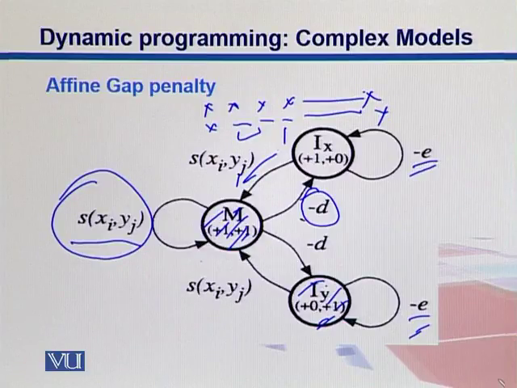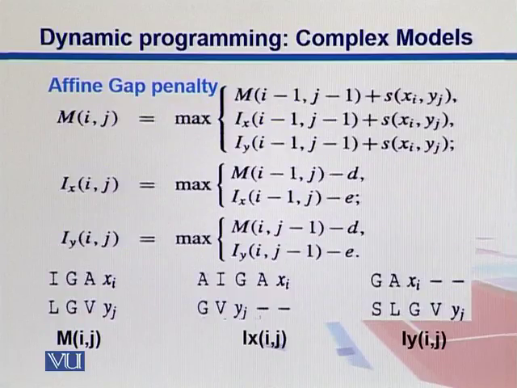The drivers of these states are these scoring systems, where we get a match or a mismatch, or where we get gaps starting or gaps continuing, coupled with their respective penalties.